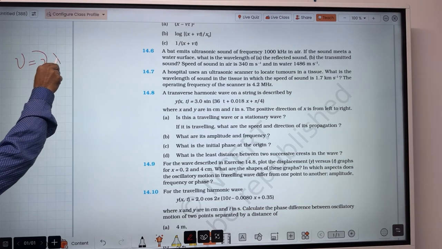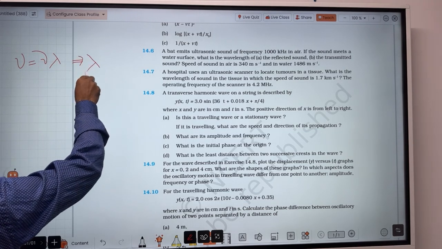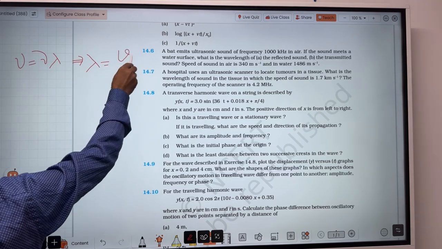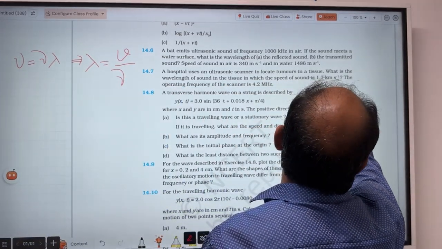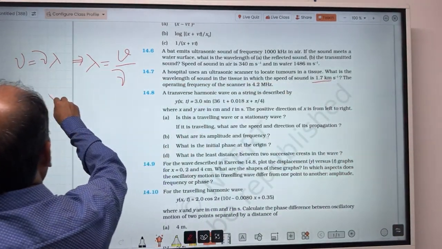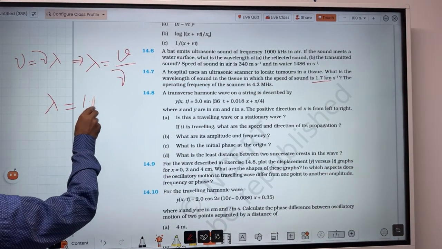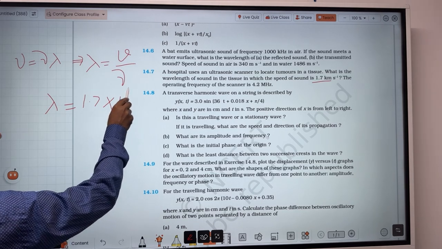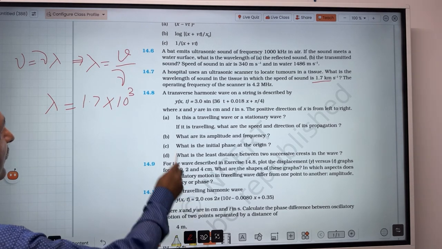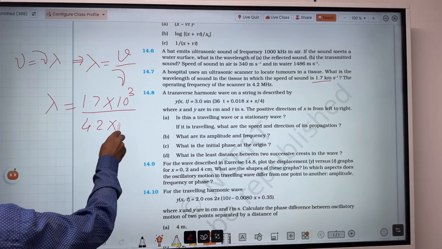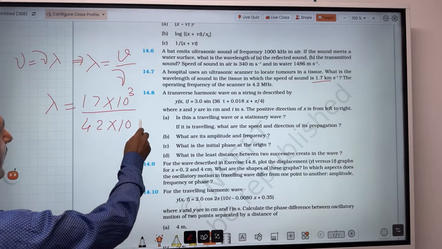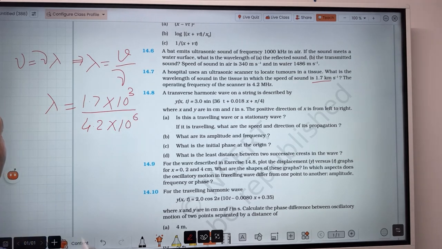V equal to nu lambda. We need lambda, so lambda equal to V divided by nu. Now we can put the values. Velocity is 1.7 kilometer per second, so lambda equal to 1.7 into 10 to the power 3 meter per second, and corresponding frequency is given as 4.2 into 10 to the power 6.